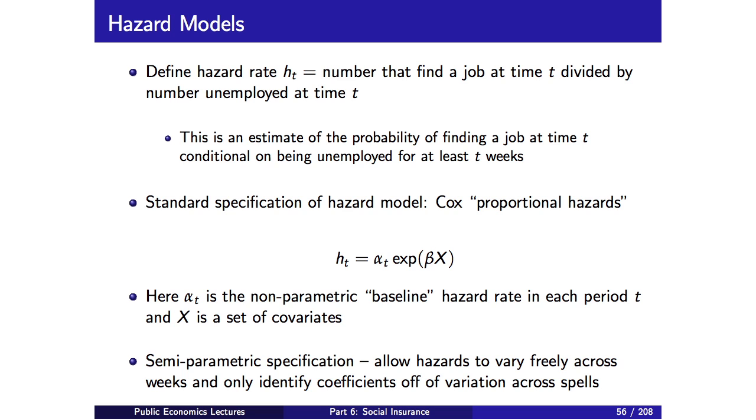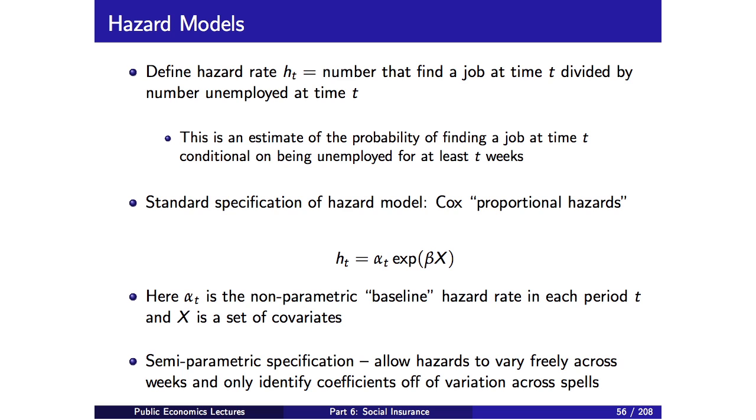Or maybe it's not irrelevant because you might have saved some of that money and it continues to affect your behavior. The point is, you don't want to summarize behavior with a single statistic like the duration of unemployment. The better way to think about it is how is UI affecting search behavior throughout the unemployment spell?